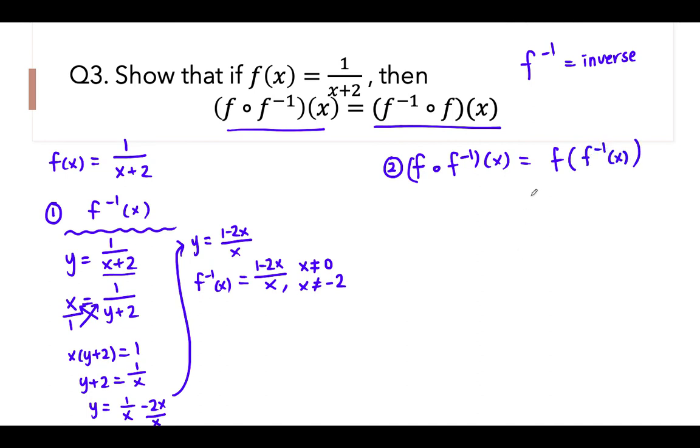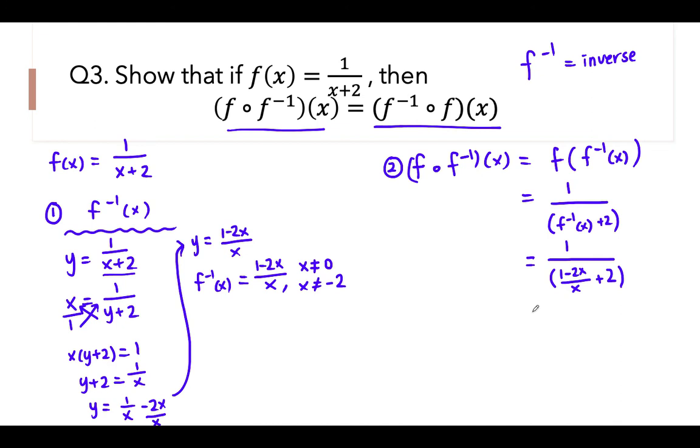So I'm going to replace f with 1 over f inverse, and then plus 2. I'm working on the outer function. I replaced function f, and then I'm going to replace the inverse function into this bracket. So 1 over the quantity 1 minus 2x over x, plus 2.